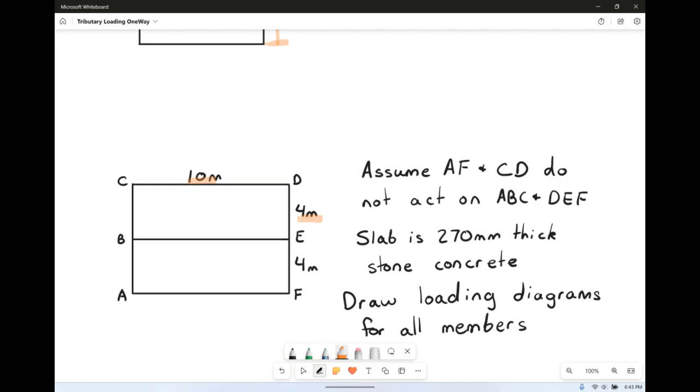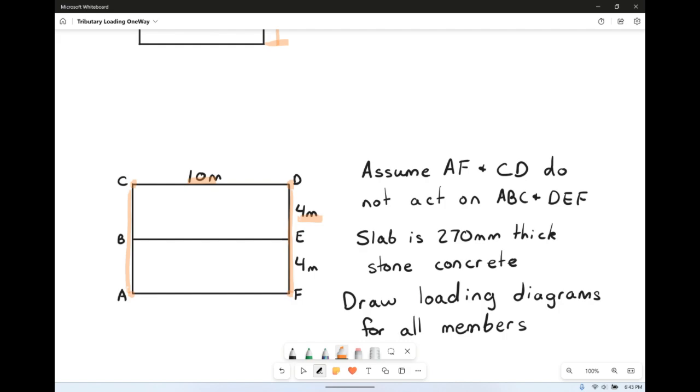So we're assuming that AF and CD, the two end ones, don't actually rest on the members A, B, C, and D, E, F. We're assuming that those two corners kind of lay on the columns.